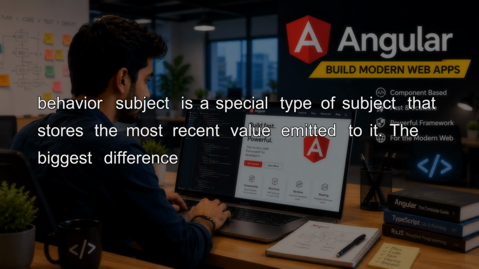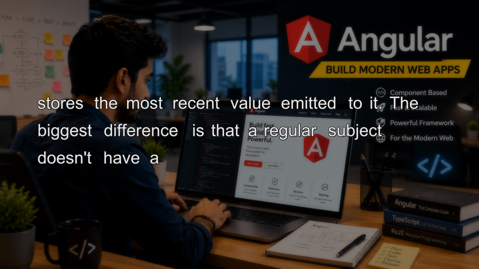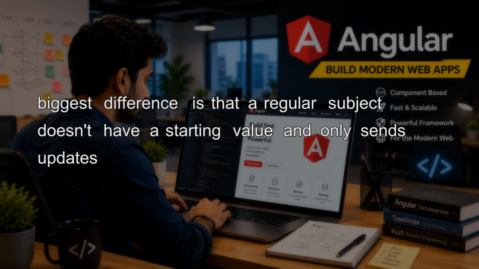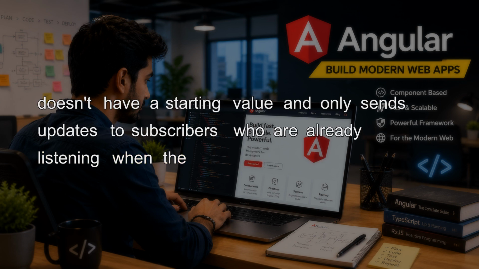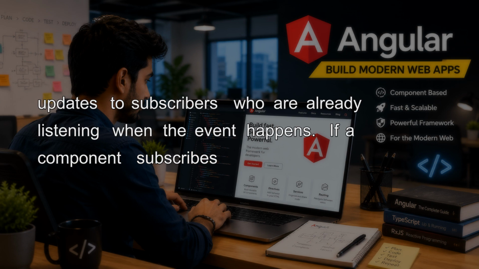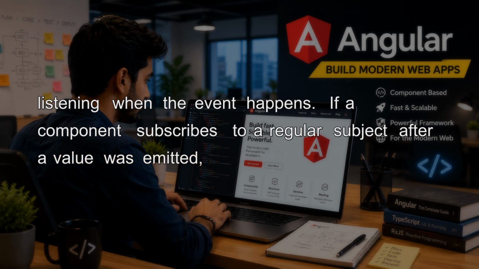The biggest difference is that a regular subject doesn't have a starting value and only sends updates to subscribers who are already listening when the event happens. If a component subscribes to a regular subject after a value was emitted, it misses that value.